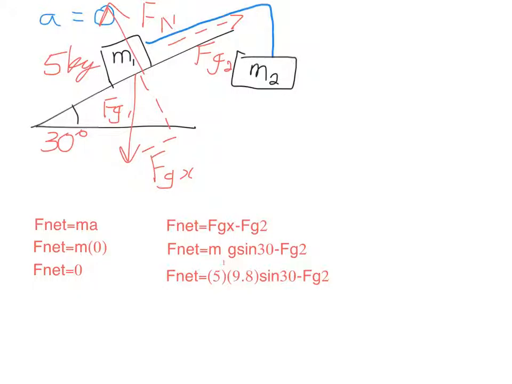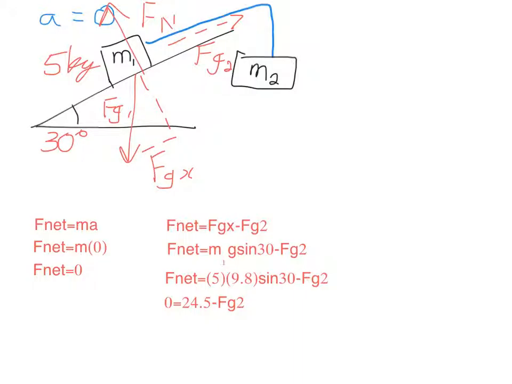Then I can do all the math. So I'm going to use my calculator. 5 times 9.8 times the sine of 30 gives us 24.5. And FNet is 0, so we're going to put in 0 for that.